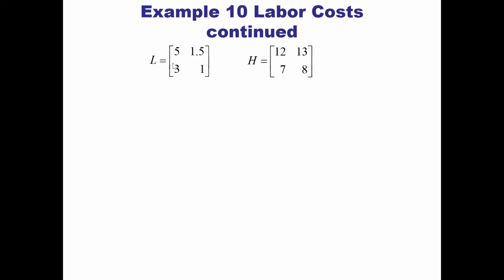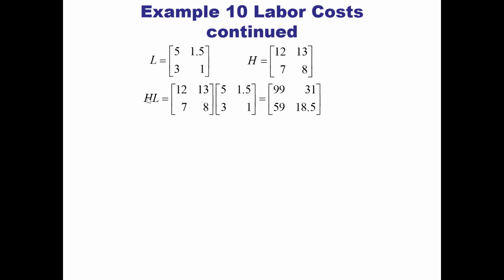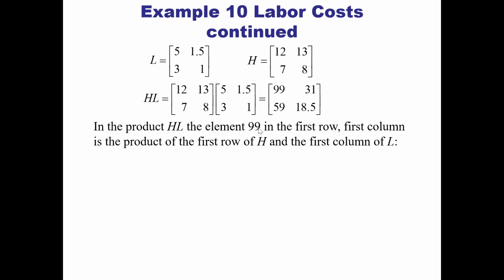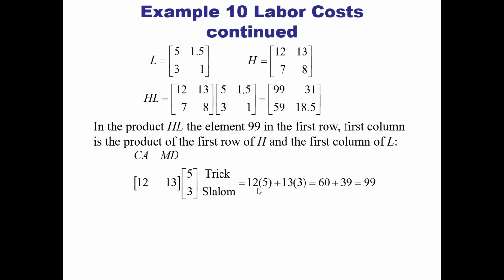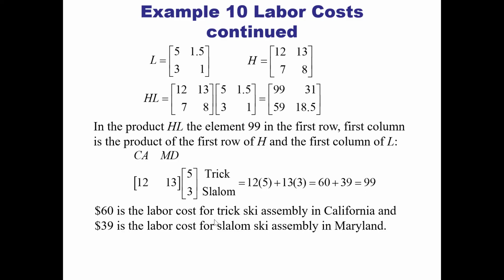All right, well, let's say L, again, we had the hours, that's the cost. So H times L, it's going to be the product of those, and that's going to give us some values, okay, some dollars. So $60 is labor cost for the trick assembly in California and $39 for the ski assembly in Maryland.